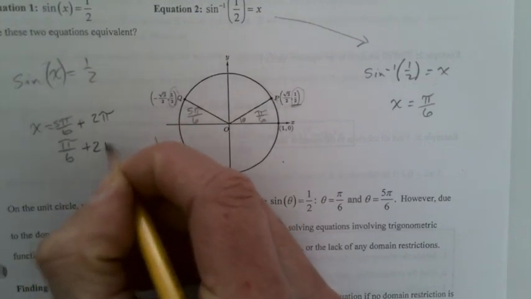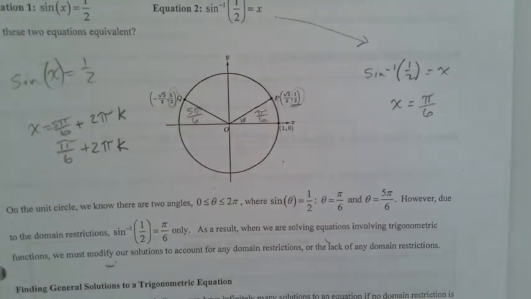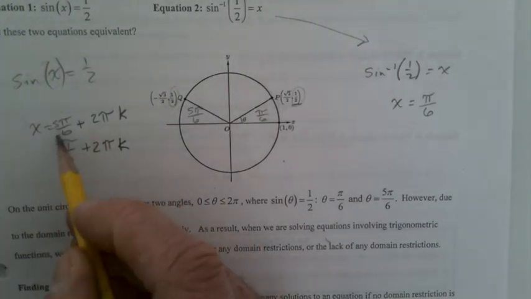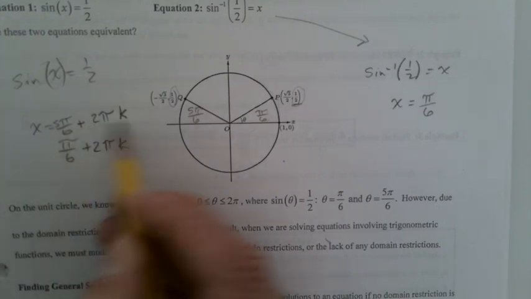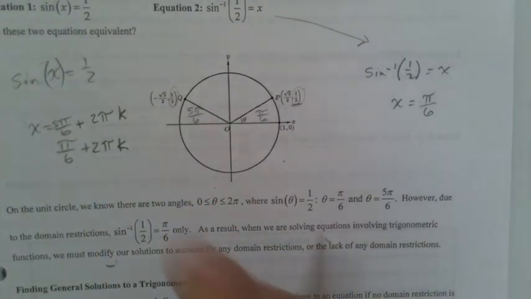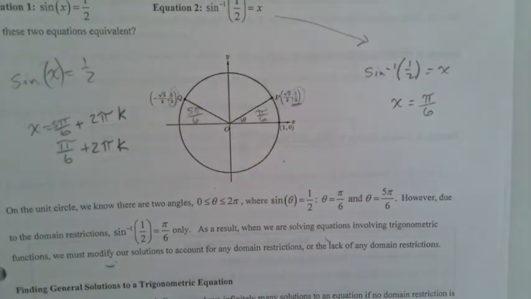So I can add plus 2 pi, and then I'll put a k to represent the number of periods that passed. This value plus every 2 pi after that, right? This is the periodic rotation added on, indicating that there are infinitely many solutions because you'll keep hitting that point as you rotate.